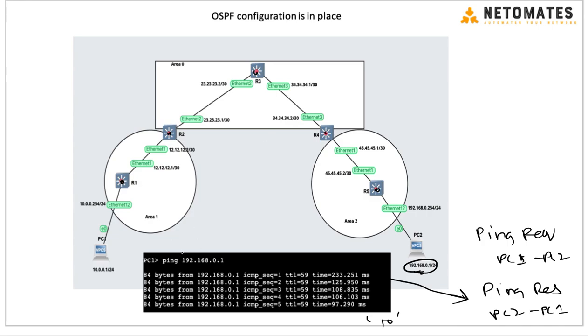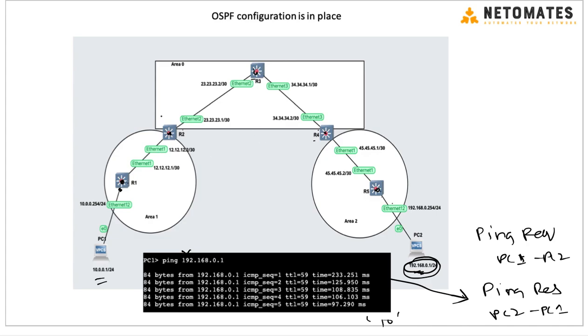So as the ping is working, it means that with OSPF, all these routers are able to exchange route information about this particular network. When the reply packet is coming, the same thing. For the reply packet, the destination IP will be 10.0.0.1. So all the routers in this network should know about 10.0.0.1. R1 knows about the 10.0 network because it has an interface in it, but R2, R3, R4, R5 have no idea.